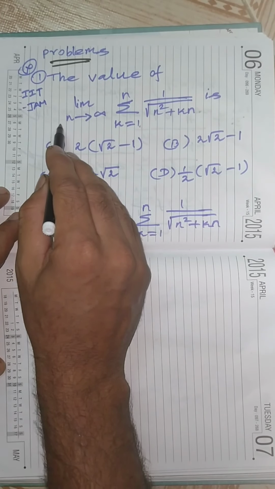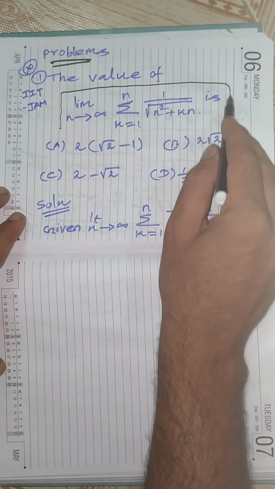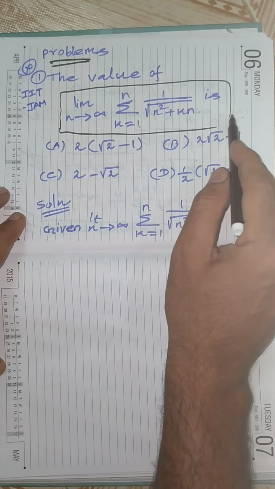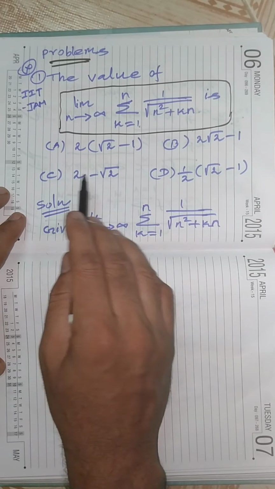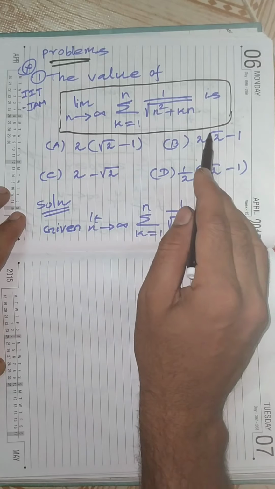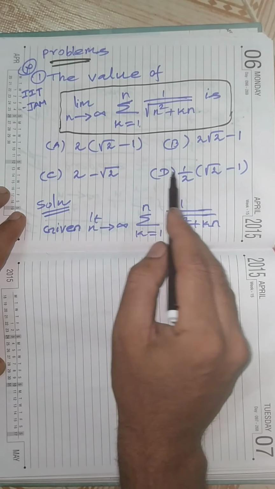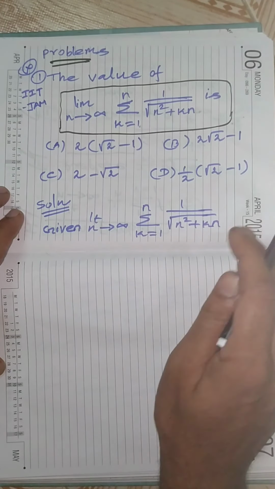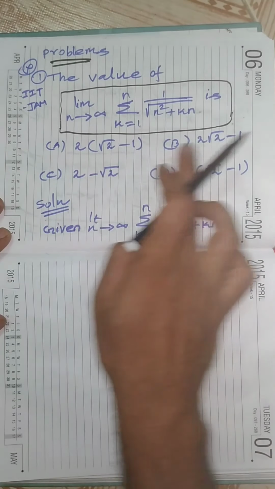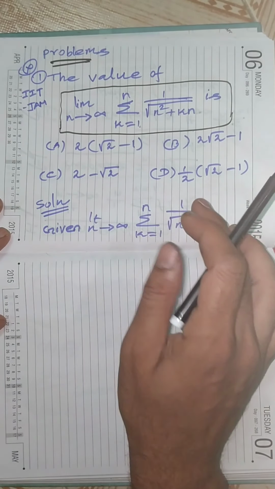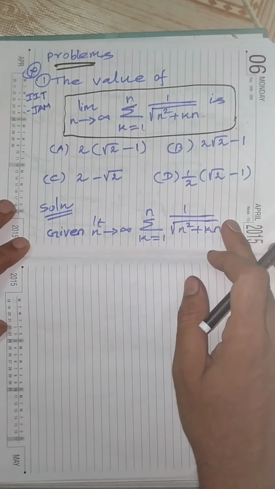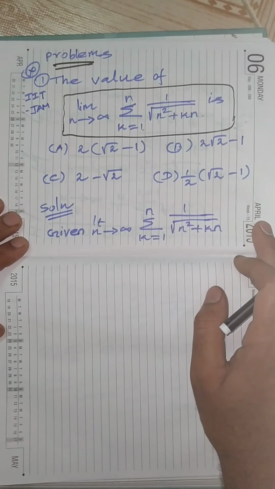We have to find this value. Four options are given: 2 into root 2 minus 1, 2 root 2 minus 1, 2 minus root 2, and 1 by 2 root 2 minus 1. Among the four values, we have to choose the correct answer.